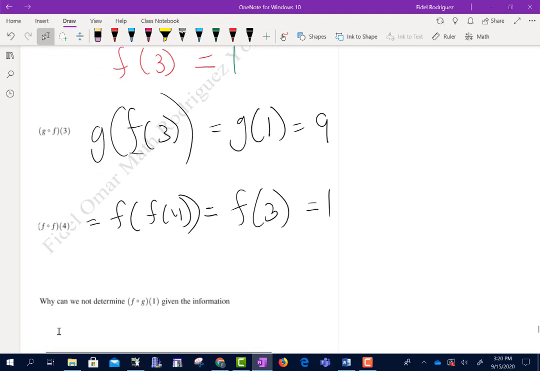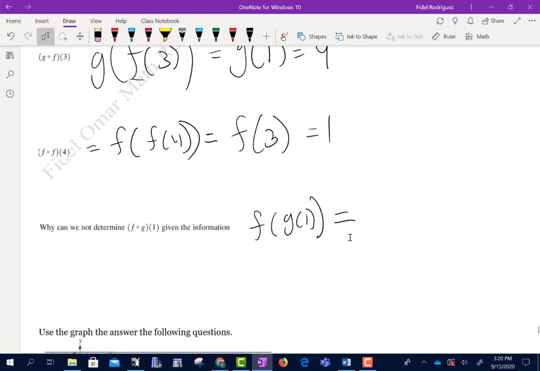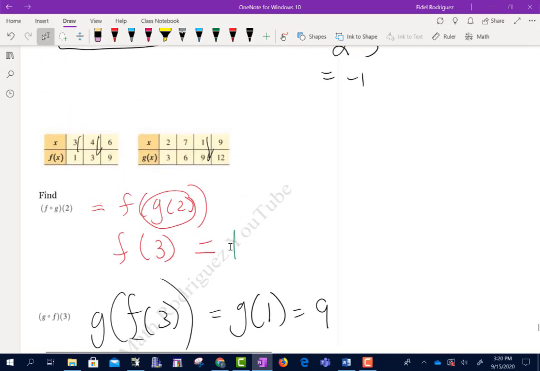And it says, why can we not determine f of g of 1 given the information? Well, let's see. If we were going to find f of g of 1, why couldn't we do this? Let's come back here. G of 1, I know g of 1 is 9. So now all I have to do is find f of 9.